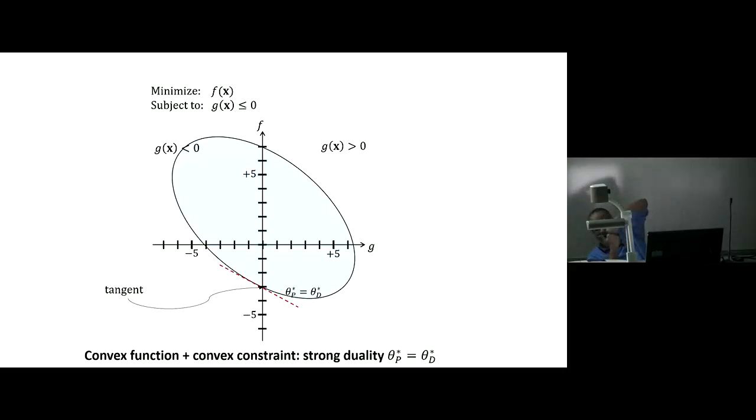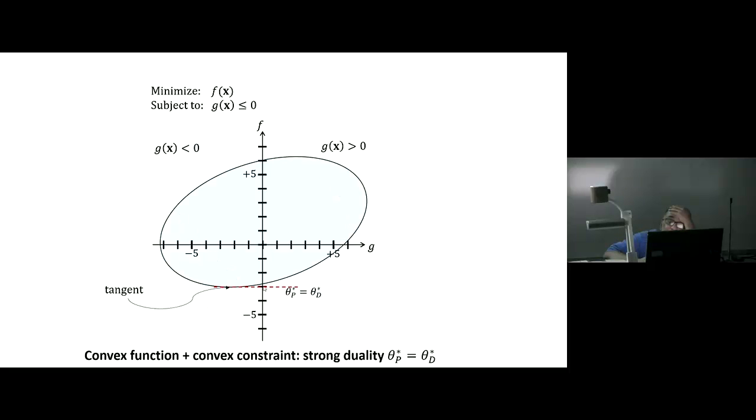Since strong duality holds, you have a saddle point, right? So what can you say about g at that saddle point? g is equal to 0, not strictly less than 0. So it's the boundary between the feasible and infeasible regions, right? It's on this axis, the vertical axis.